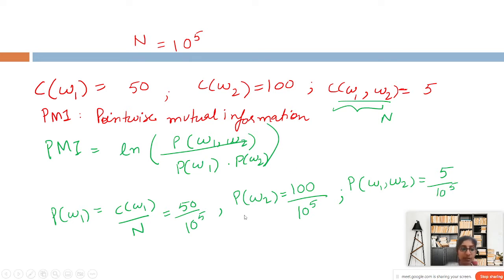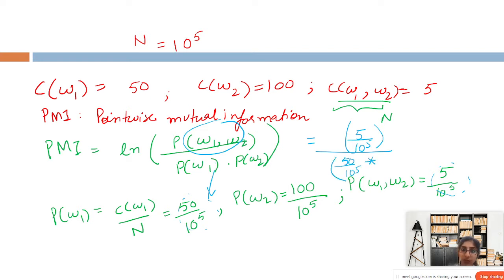So just plug in these values here. Probability of W1 and W2, that is 5 upon 10 to the power 5, upon, in the denominator, probability of W1, that is 50 upon 10 to the power 5, times the probability of W2. Please read it as in power.